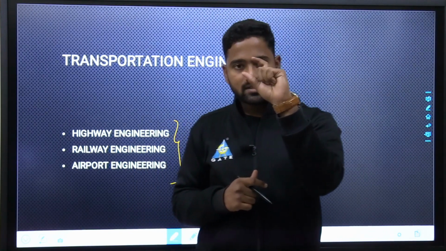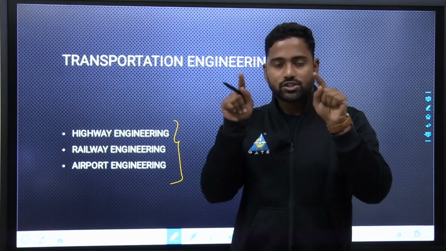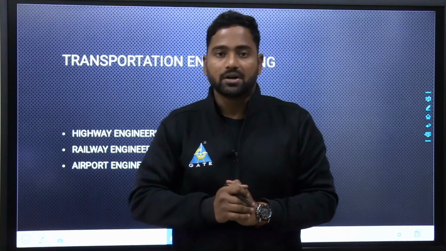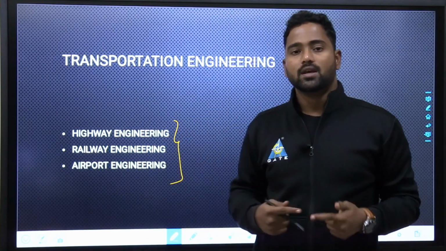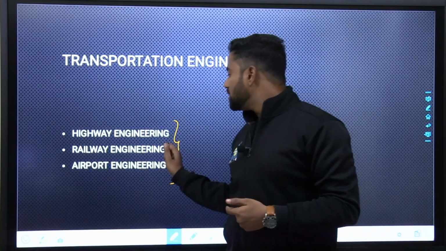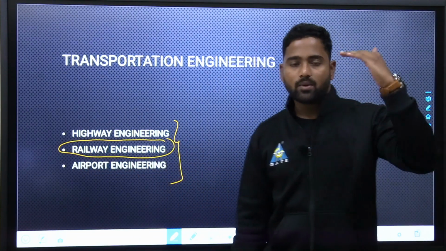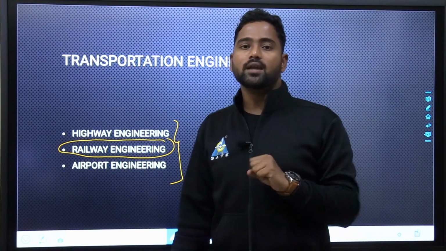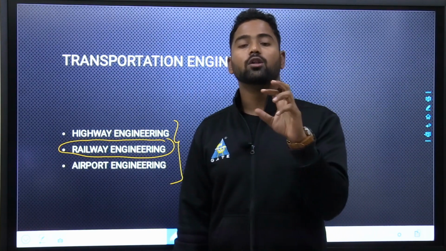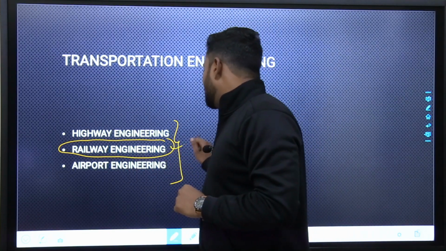In steel structures we will be designing the steel, what the shape is, the I shape, flat footed rails, and then the connections, and all those things will be discussed in steel. Whereas in railway engineering we will be discussing the curves, the elevation, the cant that should be provided, and what speed is possible on it. All those things will be discussed in railway engineering.